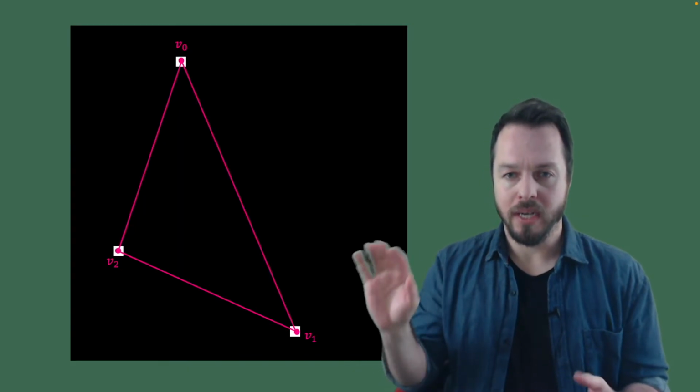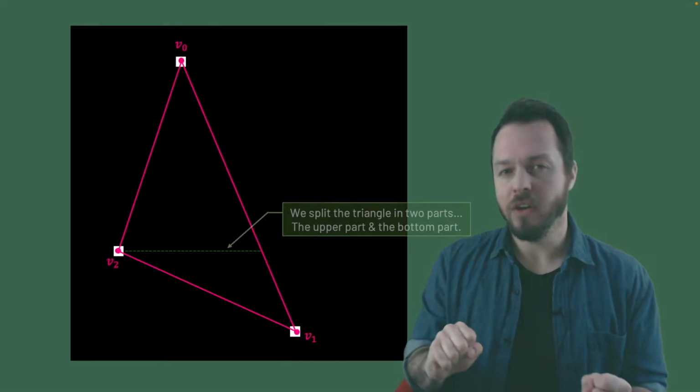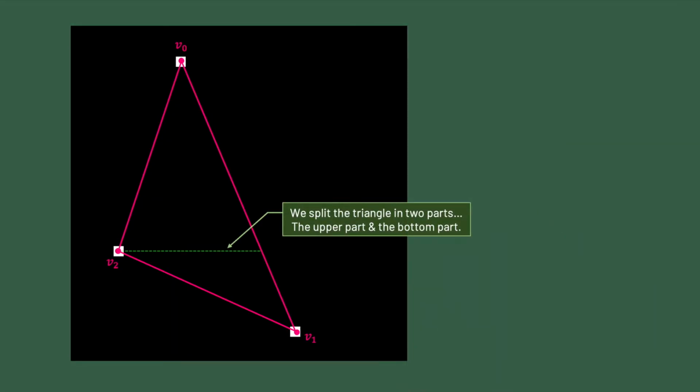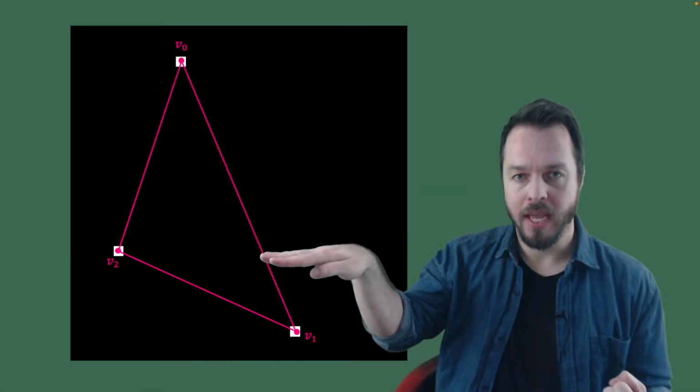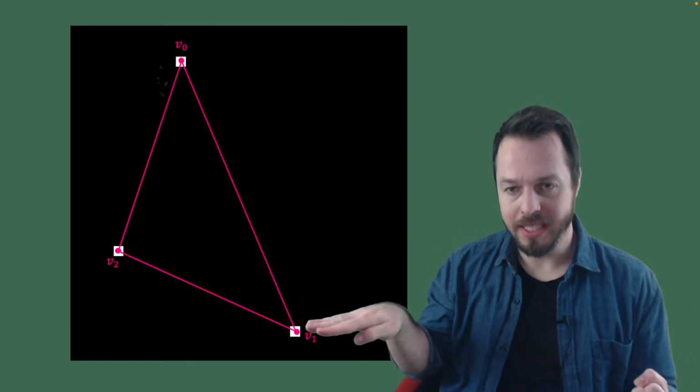We analyze all three vertices, and then we divide this triangle in the middle. We rasterize and paint all the pixels from the top vertex until the middle of the triangle, and then we have a second part of the algorithm, which goes from the middle until the last vertex right here.